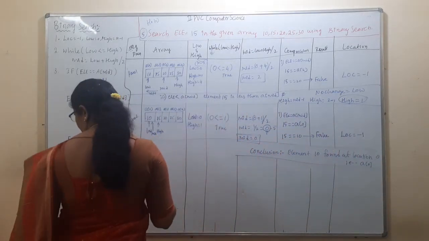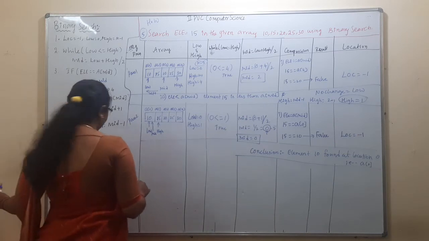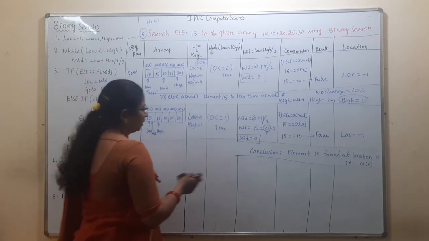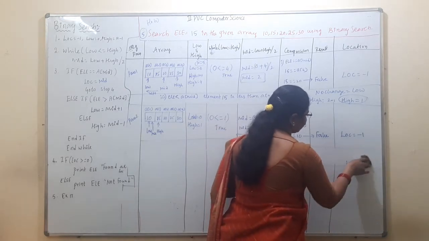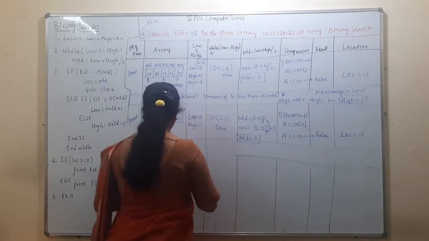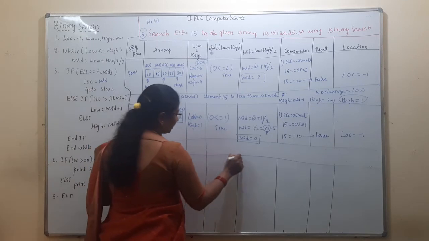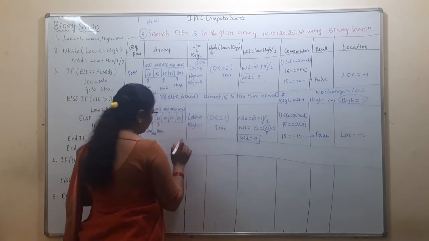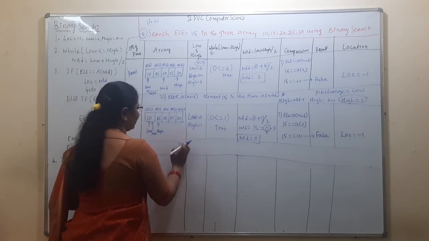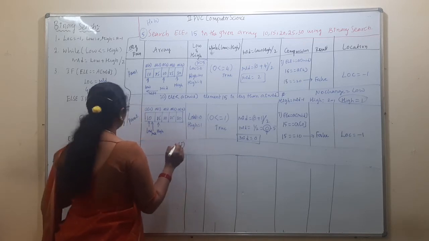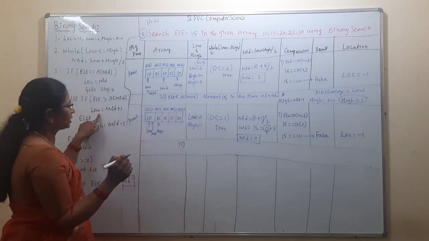Location remains minus 1. Did you get it? Then there is no conclusion now. So we are moving towards the third condition, less than or greater than. We'll see whether it is less than or greater than. So searching element.